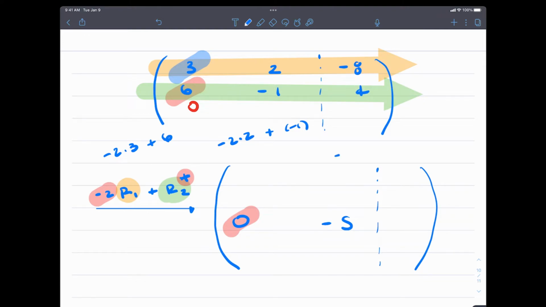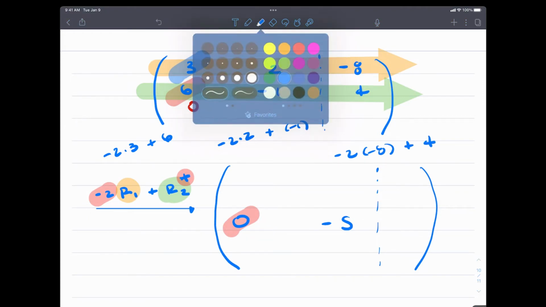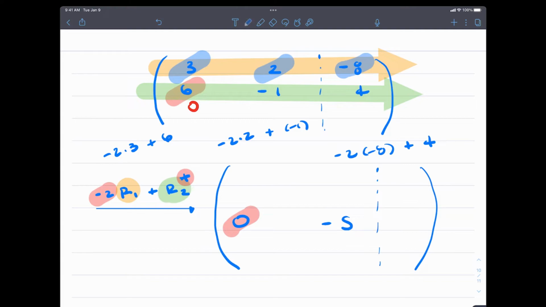Okay. All right, negative 2 times negative 8 added with 4. Is that right? We did that one. Okay, what's negative 2 times negative 8? What's 16 plus 4? And there you go. What do you do with the entries in row 1? Stay the same.